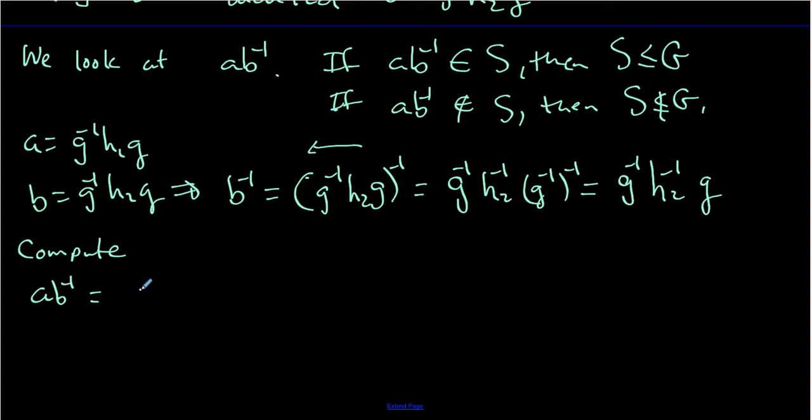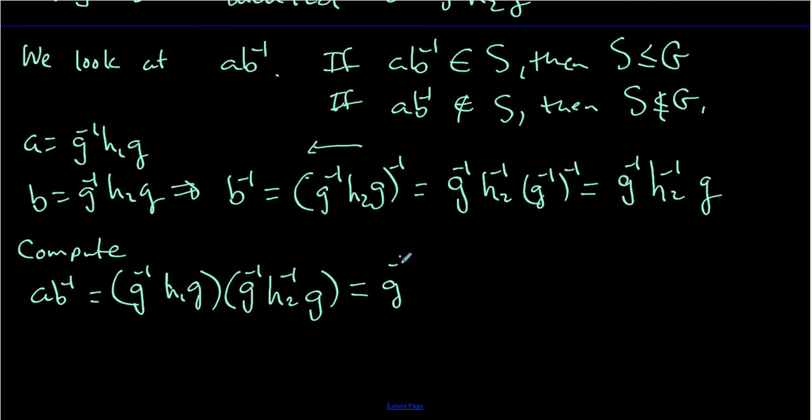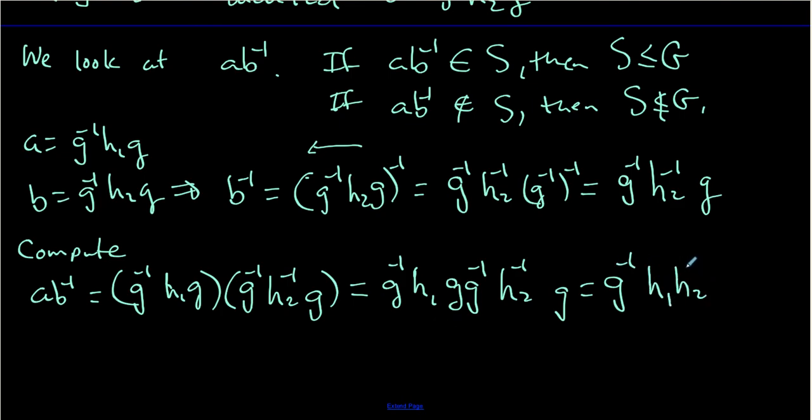A times B inverse is G inverse H1 G, and B inverse is G inverse H2 inverse times G, and we can throw those parentheses away and rewrite this as G inverse times H1 times G times G inverse times H2 inverse times G. Of course, G times G inverse is just an E, so this simplifies down to G inverse times H1 times H2 inverse times G. And it's important to realize that this product is in H because H is a subgroup and H1 and H2 are elements of H. So we want to make that note.